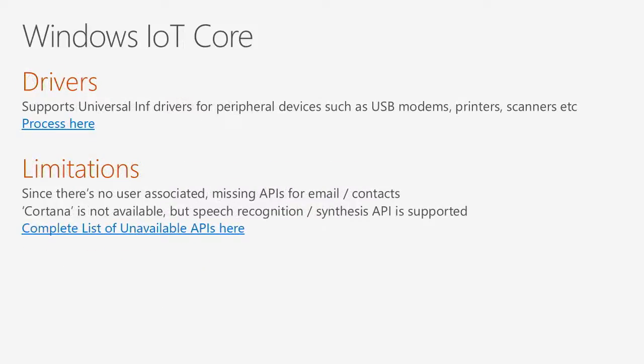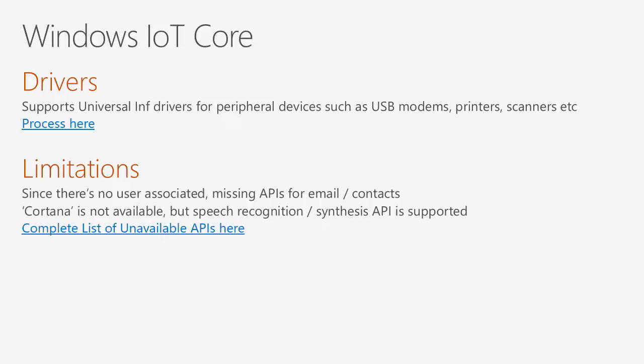But there's one thing that I didn't know about the IoT Core before I started this presentation, which is drivers. Apparently, you can port your x86 drivers to IoT Core if it supports the universal INF driver manifest, I believe.